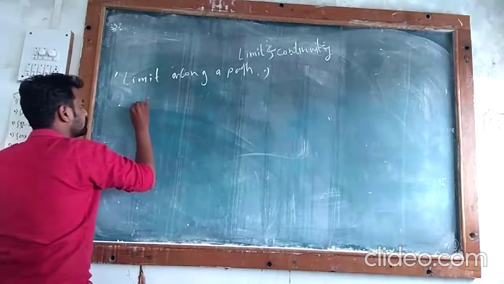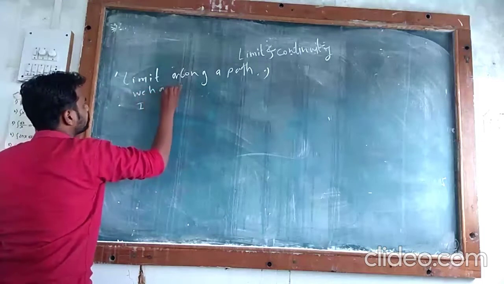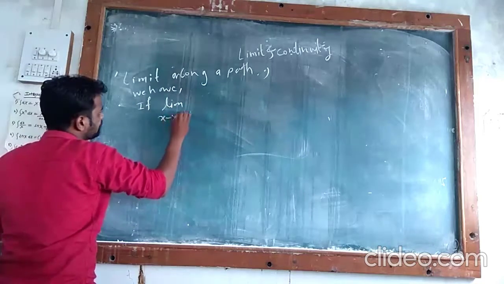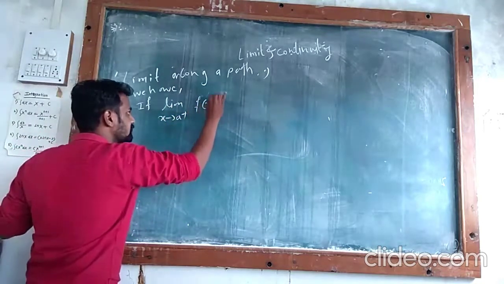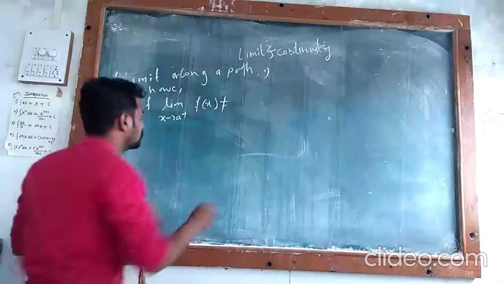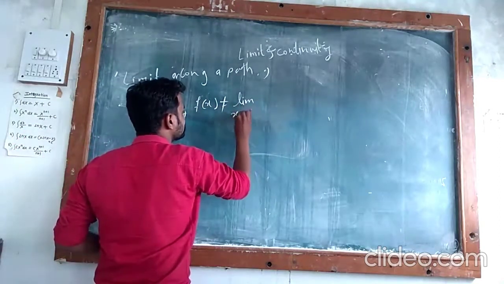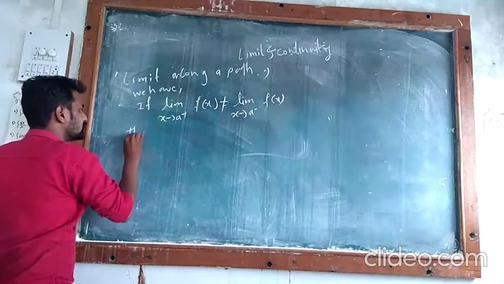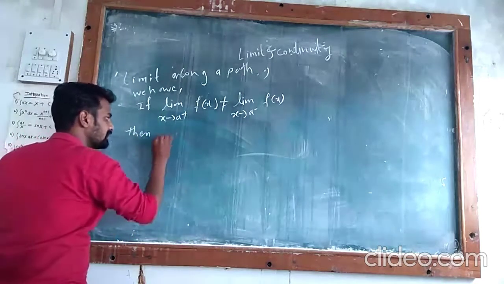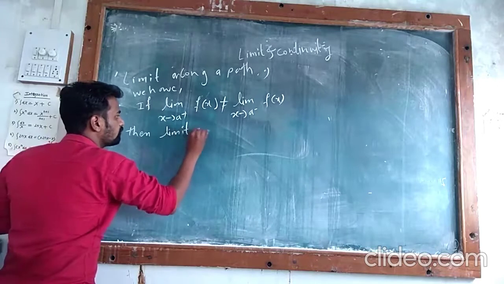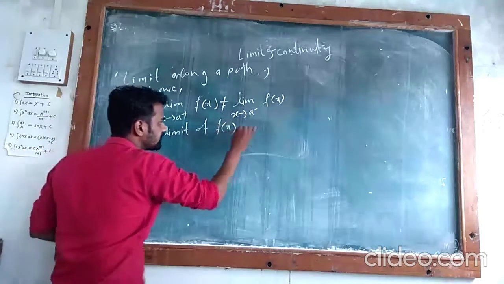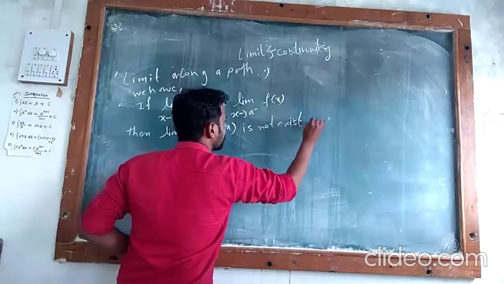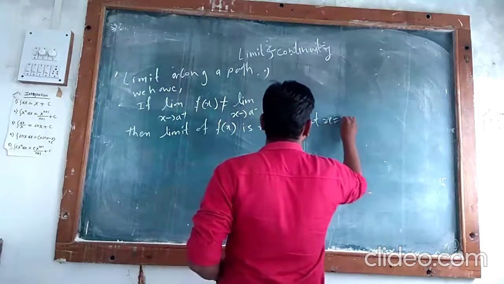If the limit as x tends to a plus of f of x is not equal to the limit as x tends to a minus of f of x, then we say that the limit of f of x does not exist at x is equal to a.